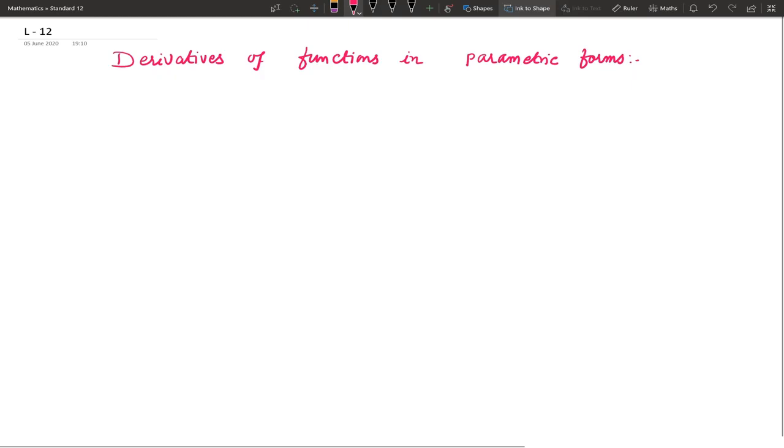Suppose y is given as function of t and x is given as function of t, where t is the parameter.